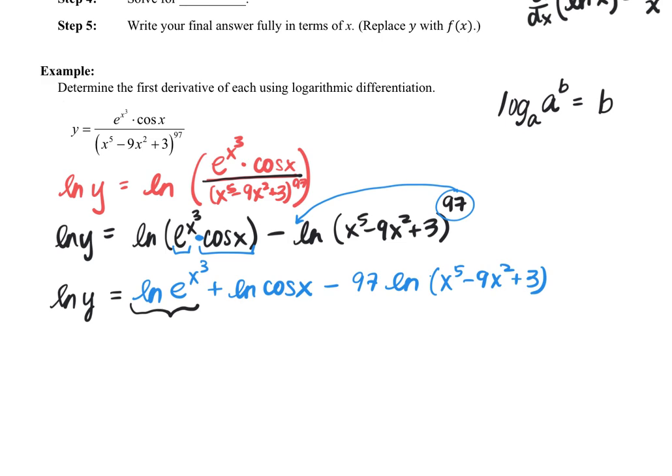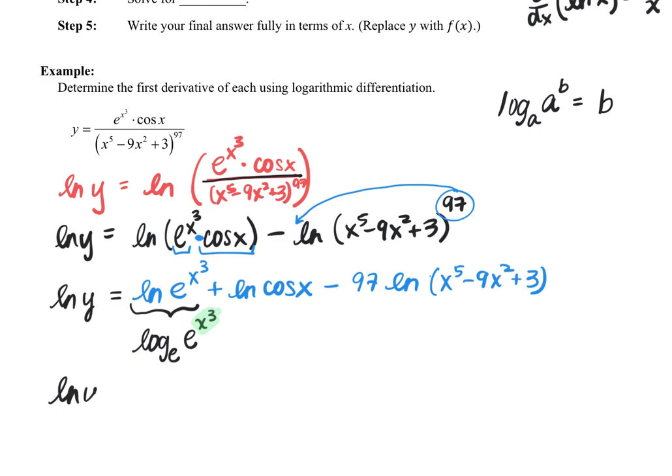So in this case, remember, natural log is really log base e, and then we have e raised to the x cubed power. So the inverse property will indeed simplify that, and we'll be left with just the exponent, which in this case is x to the 3rd power.